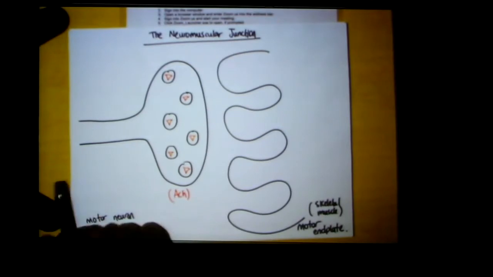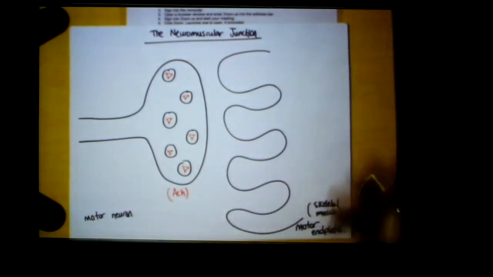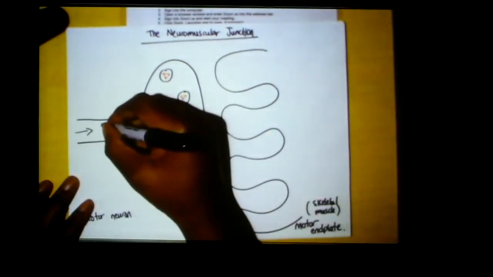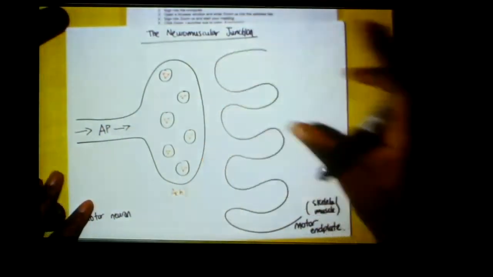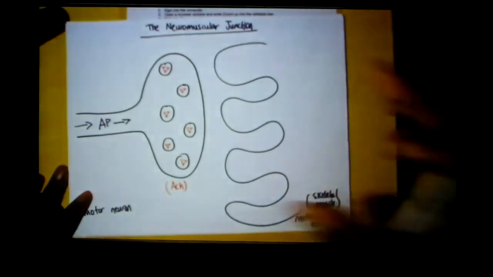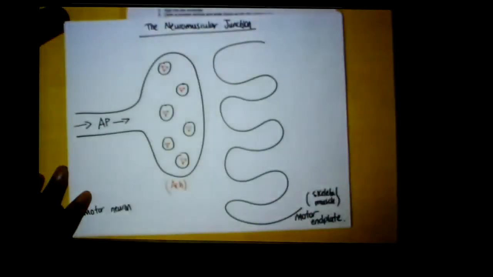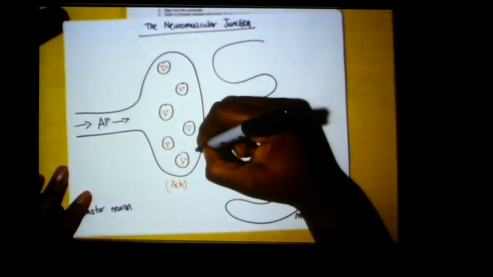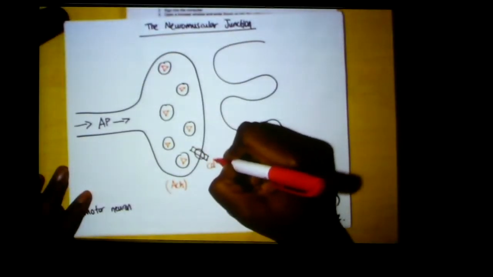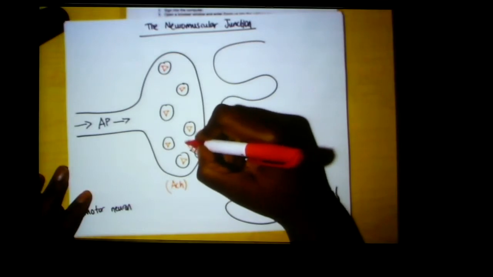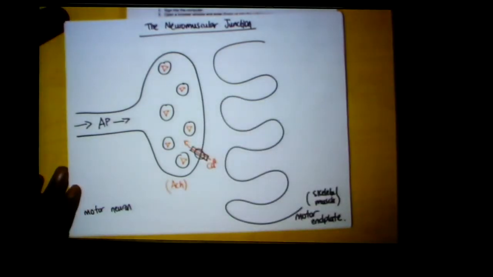Okay, and so very much like what we've been speaking about so far, our action potential is traveling in this direction. It gets to the axon terminal. Can you see this? It gets to the axon terminal, and then the voltage change, which excites the membrane, triggers the opening up of these voltage-gated calcium channels. And so calcium rushes in.